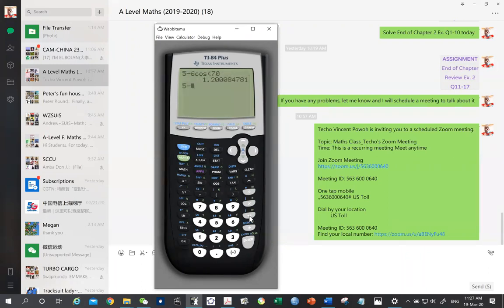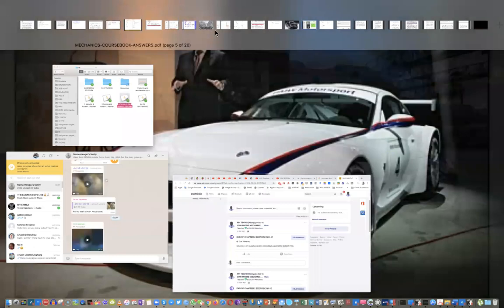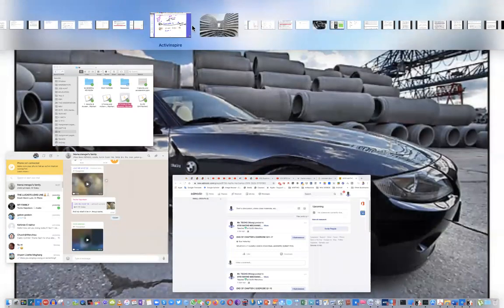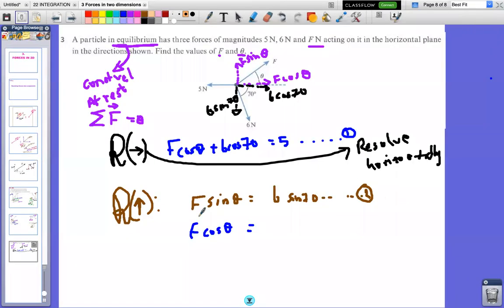Now 5 minus 6 cos 70 gives me 2.948. That is equation 1.